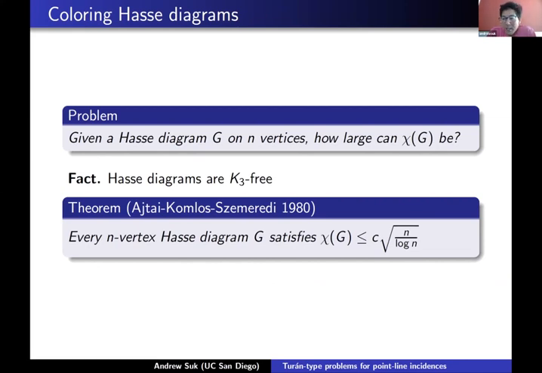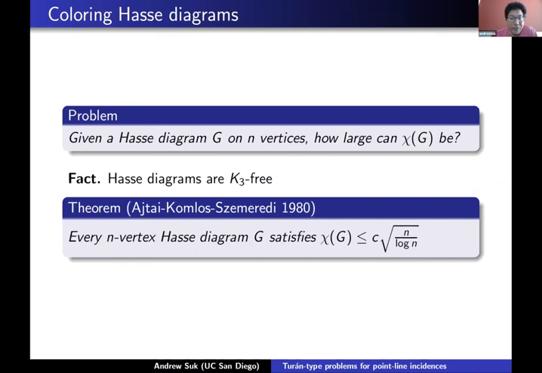And just based on the fact that they are K3 free, you can apply a result of Ajtai, Komlós, and Szemerédi to conclude that every n-vertex Hasse diagram has chromatic number at most this quantity over here. And actually, I believe this is currently the best known upper bound for the chromatic number of Hasse diagrams in general.